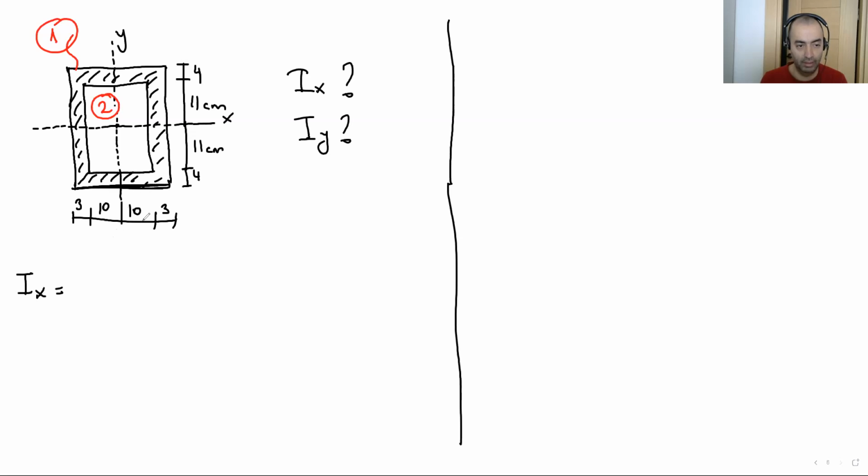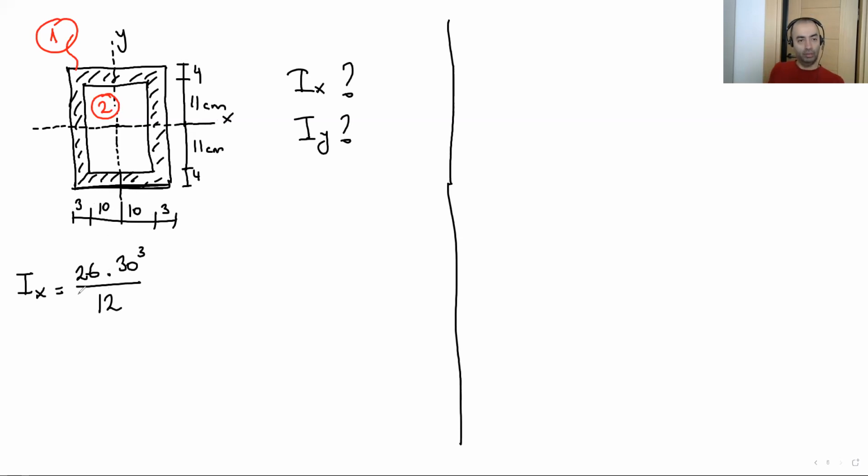So the total is 26 times the perpendicular one, which is 30, right? 22 plus 8, 30 cubed over 12.